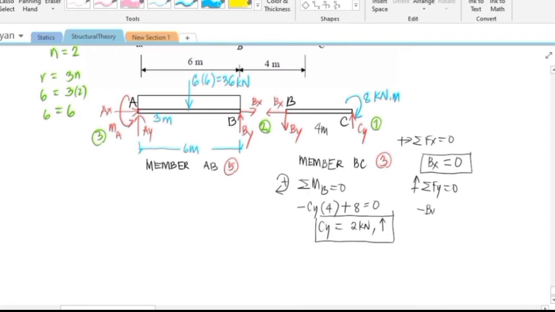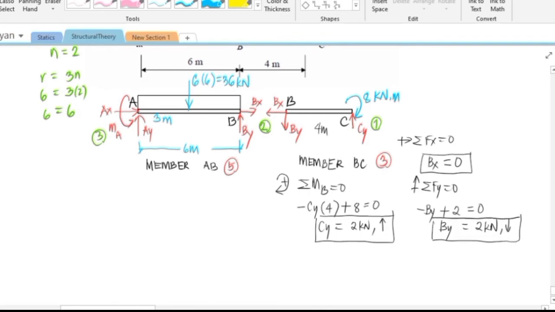So, that is negative BY plus the CY, which is 2 kilonewton upward, is equal to 0. So, hindi nakasama si 8 kilonewton meter kasi nga si 8 kilonewton meter is a moment. And in here, we are just summating the forces vertical. BY is equal to 2 kilonewton. Since positive yung lumabas na sagot, that is downward. So, tama yung assumption natin that BY is directed downward.